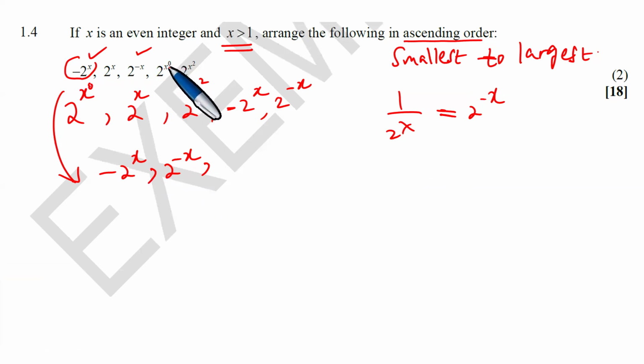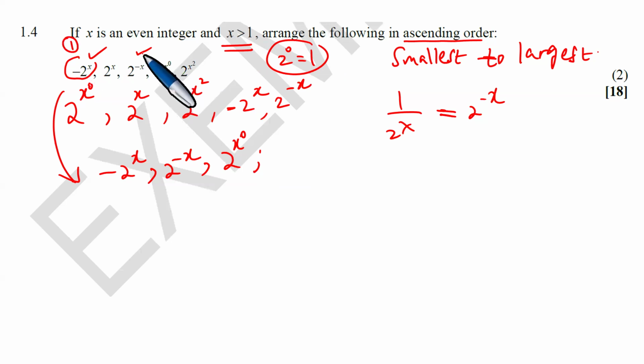Because x to the power 0 is going to be a 1. If x is bigger than 1, then x can be 2. What is 2 to the power 0? 1, well done. Now this one is going to be like 2 to the power 1, which is 2. So it's a positive number.